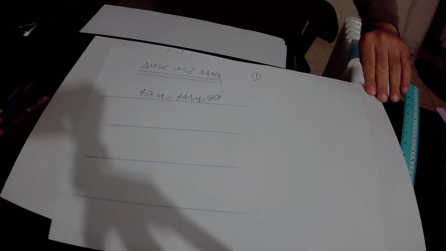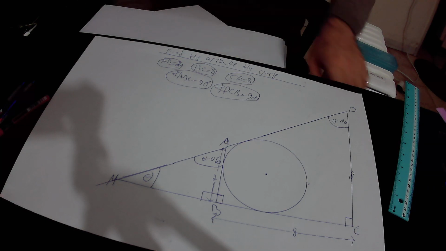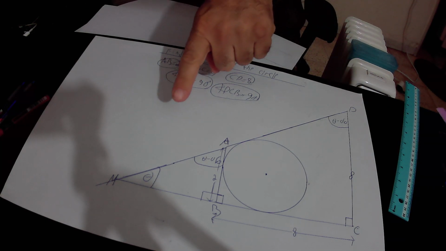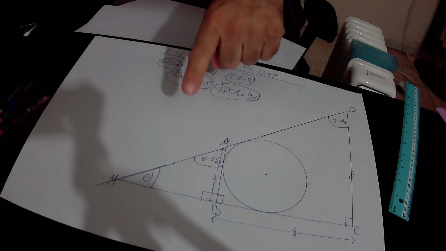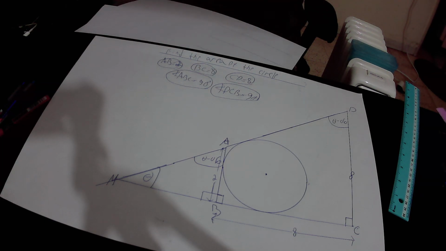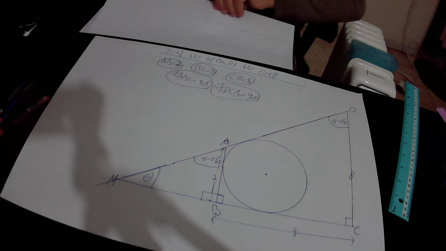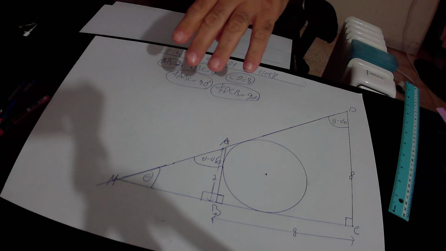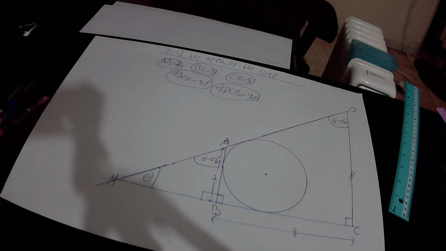In addition, this is angle theta that belongs to both triangles, so I can write down that angle theta equals itself. We can call angle theta two different names.